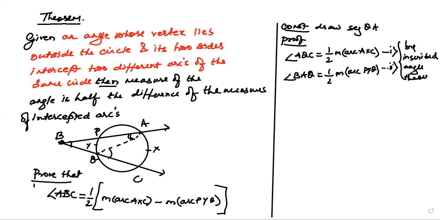Okay, children? Now you can see here, this angle AQC is half arc AXC, agreed. Angle BAQ is half arc PYQ. But I want angle ABC, that is ABQ. How are these three angles related? One good look, you can see angle AQC is an exterior angle of triangle ABQ.